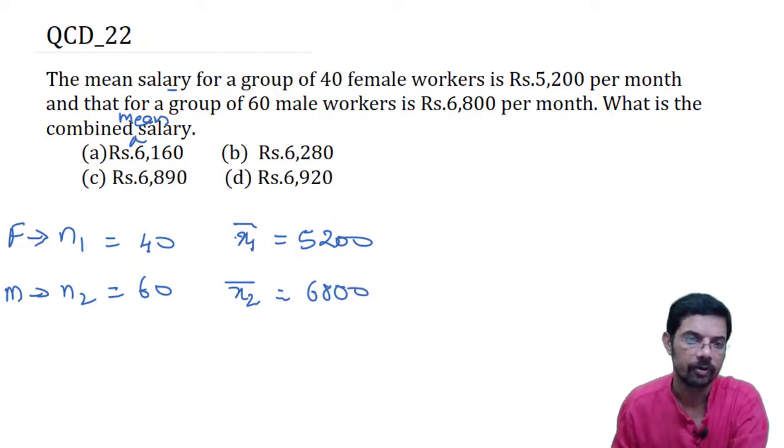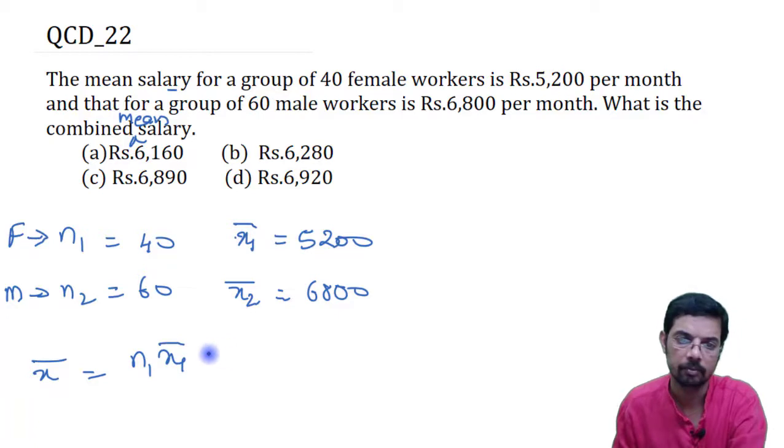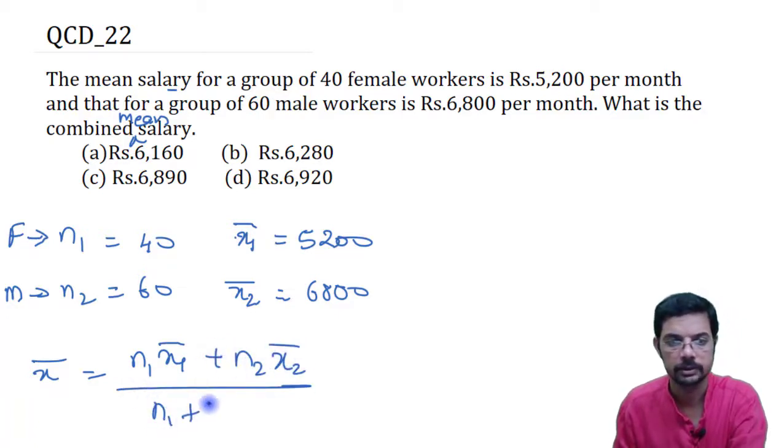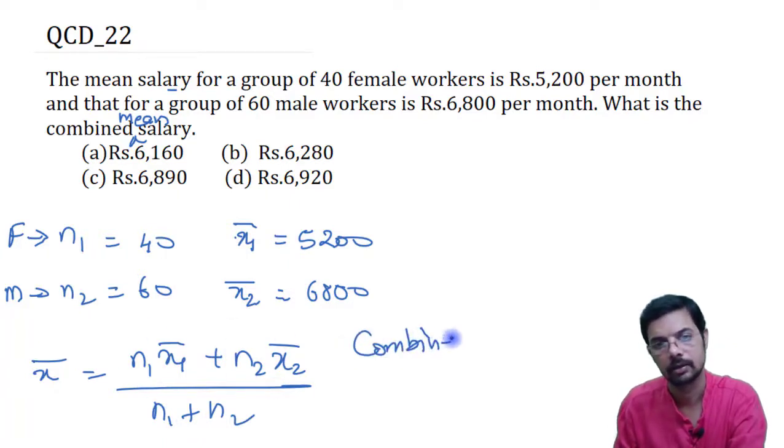We need to find the combined mean. X bar equals N1 x1 bar plus N2 x2 bar divided by N1 plus N2. This is the formula to find the combined mean.